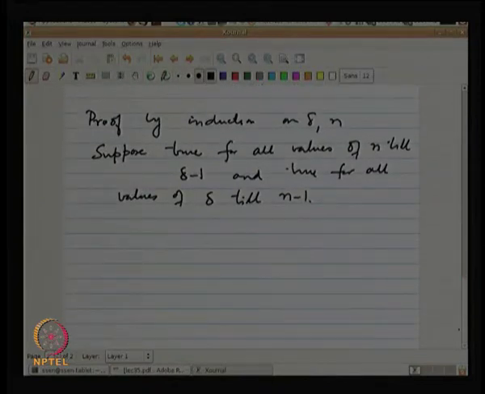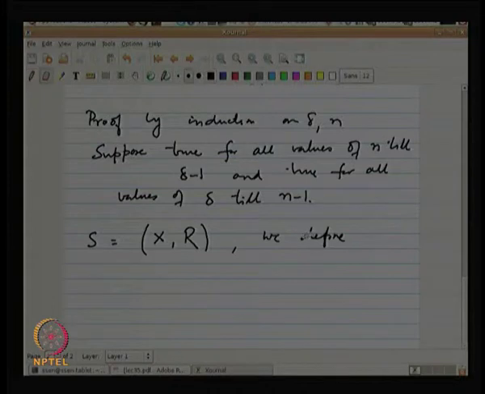Okay, what do we do? We define two ranges. From the given range space, S is equal to x, r.